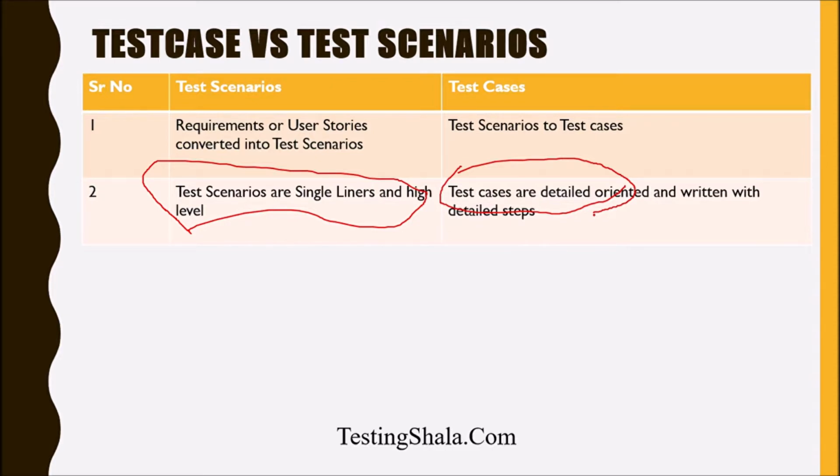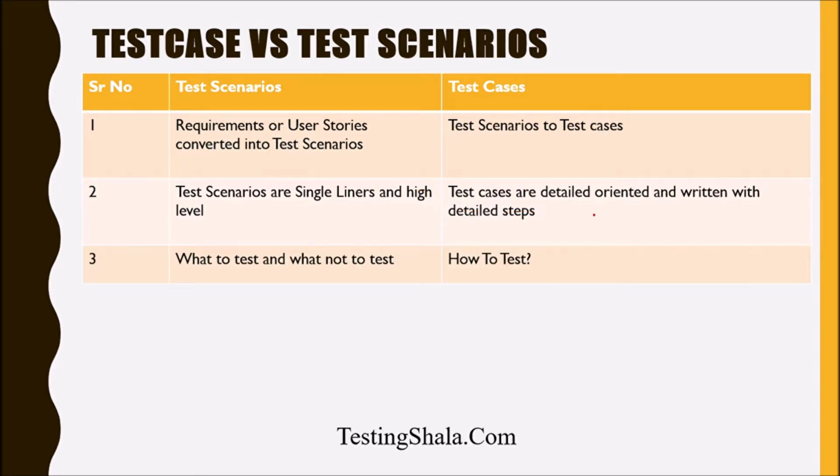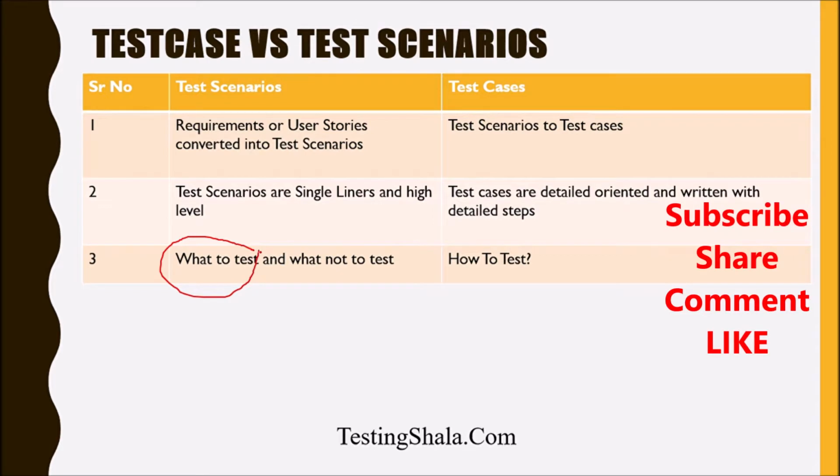So let's move on to the third important difference. Test scenarios are nothing but what to test and what not to test. So basically, by going through the user stories, we will be writing what to test and what not to test.